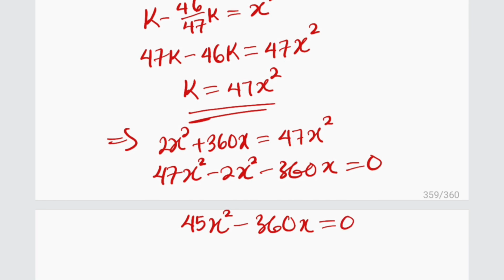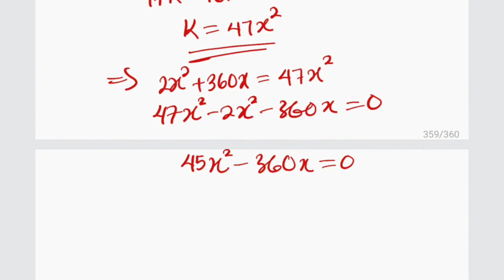Remember, we are looking for x because x is the side length of that square base. So what do we have in common here? 45x is in common. 45x in bracket, we have x left, minus 360x divided by 45x, which is 8 exactly. This is equal to 0. So either this is 0 or this.